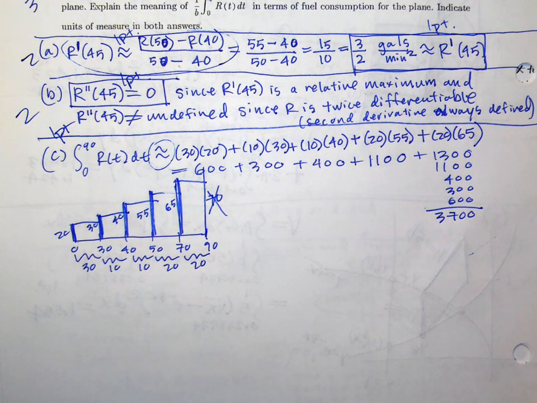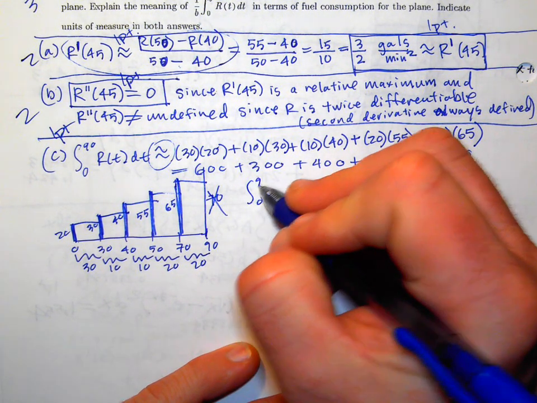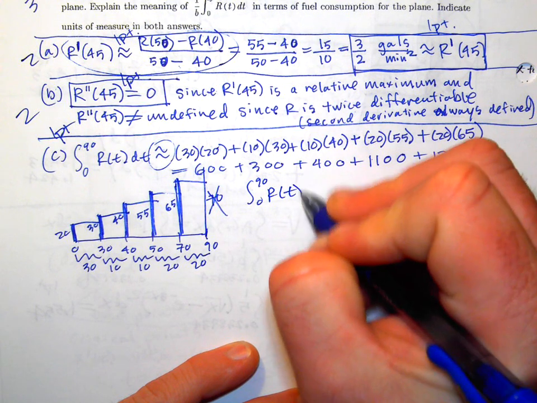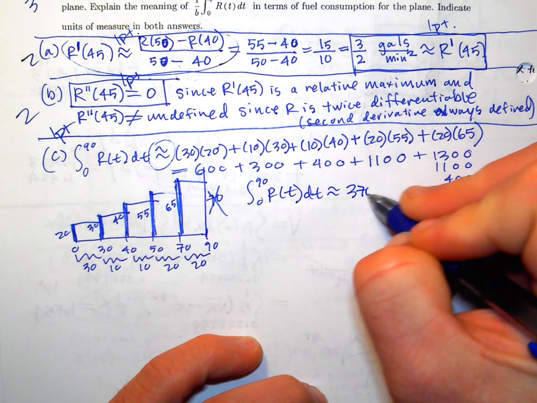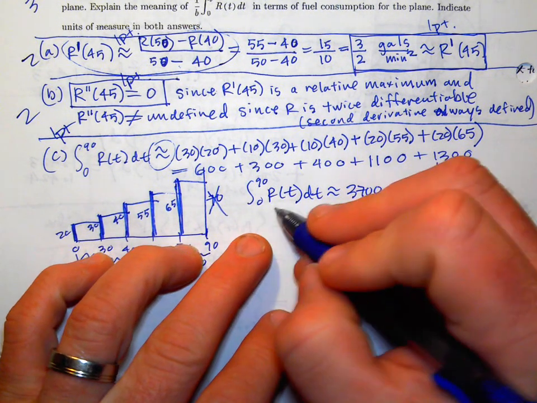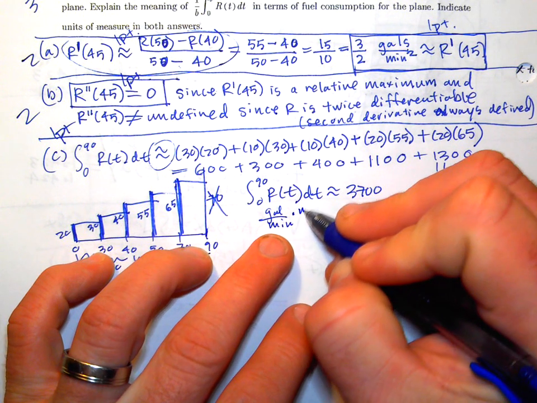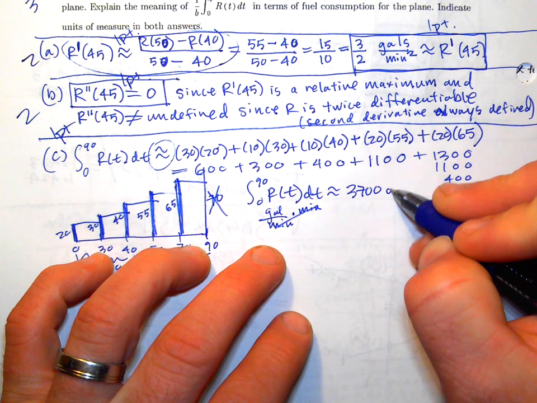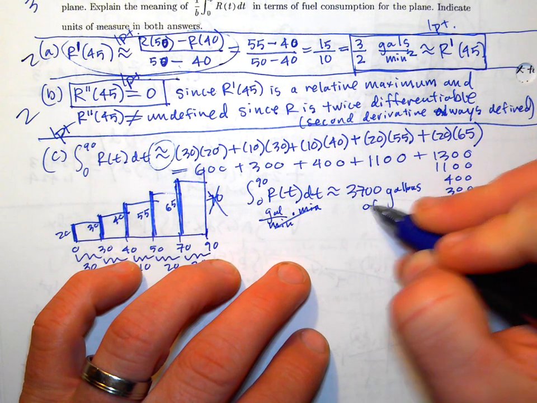So this is going to be the integral of 0 to 90 R(t) dt is approximately 3,700. Now, what are the units? Well, R is gallons per minute, and dt is minutes because it's time. So this should be gallons of fuel.